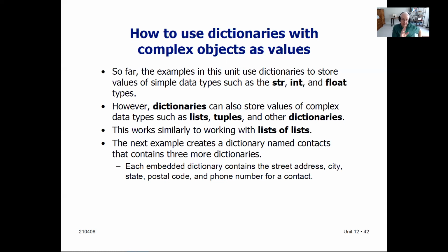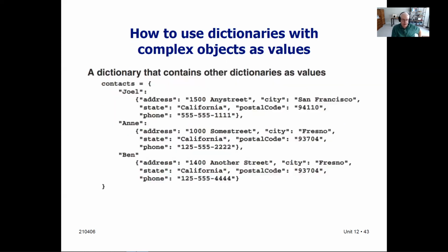Okay, contact is actually the outside or containing dictionary. So to build the contacts, I should have put an S on that, contacts dictionary, we create a bunch of embedded dictionaries.